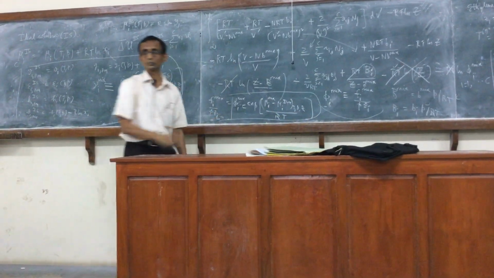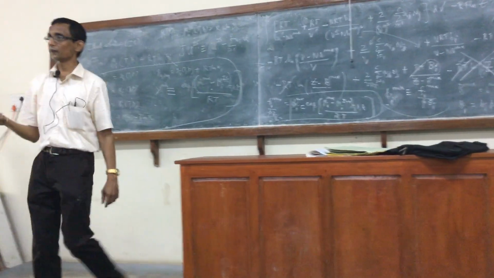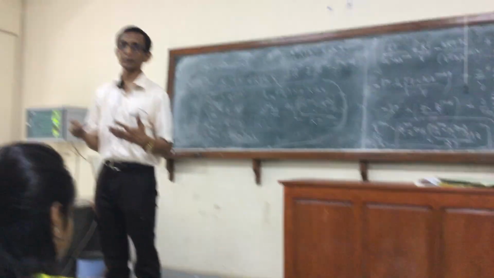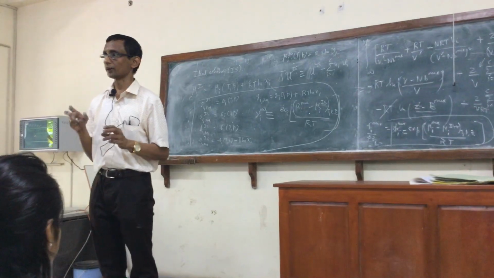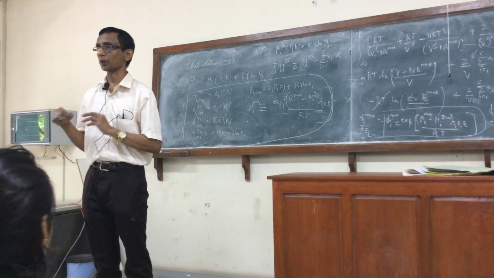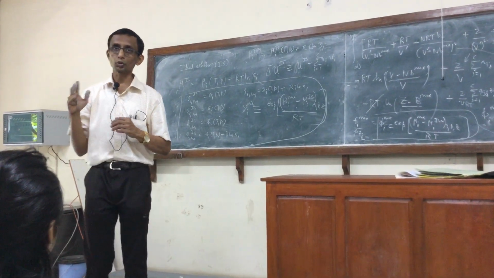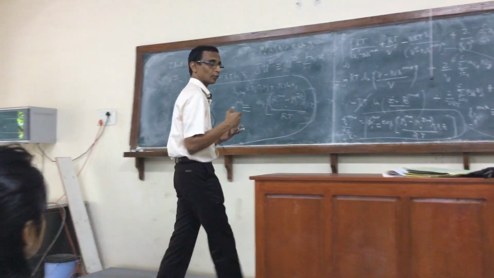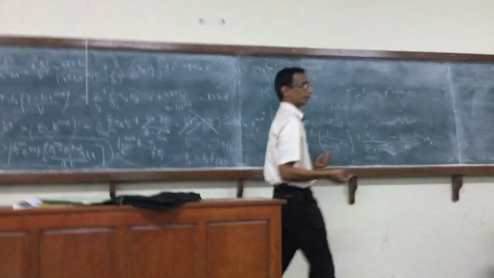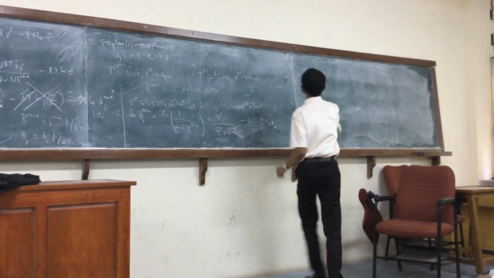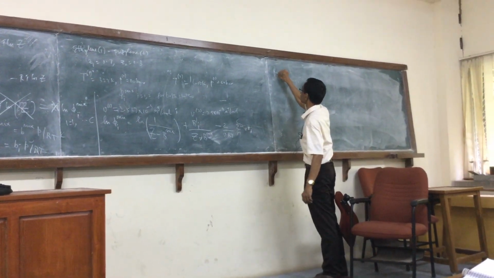So now we can summarize the properties of the three ideal substances we have considered. One is the ideal gas, which is for the pure component. For mixtures, we have looked at two different ideal substances: the ideal gas mixture and the ideal solution. So I can summarize that in terms of the chemical potential.